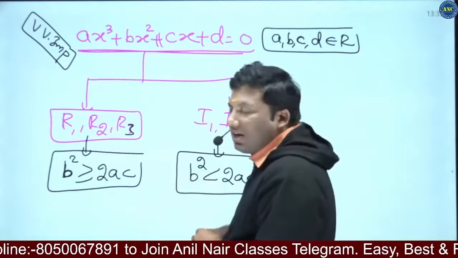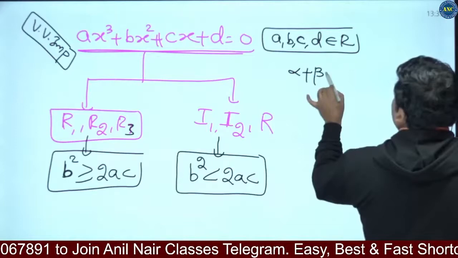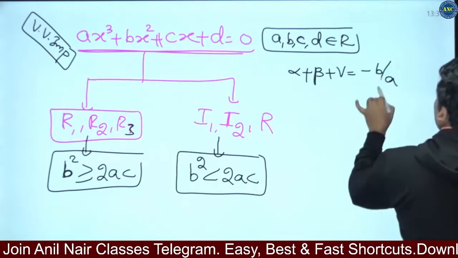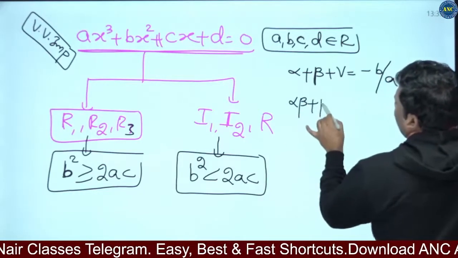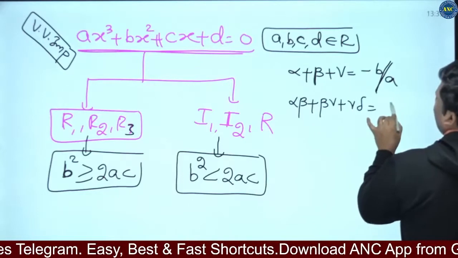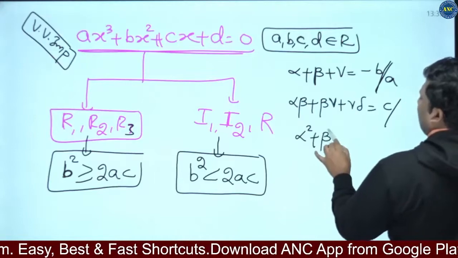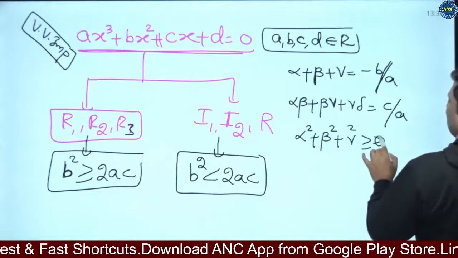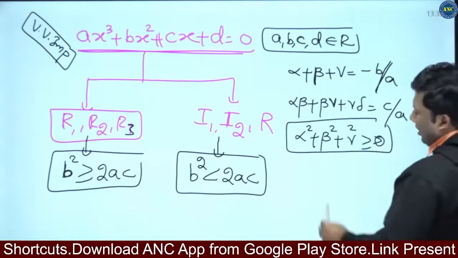Sir, how is this concept derived? The sum of the roots taken one at a time is minus B by A. The sum of the products of the roots taken 2 at a time, alpha beta, beta gamma, gamma alpha, is C by A. So consider alpha square plus beta square plus gamma square. If the roots are real, the sum of squares is always greater than or equal to 0.